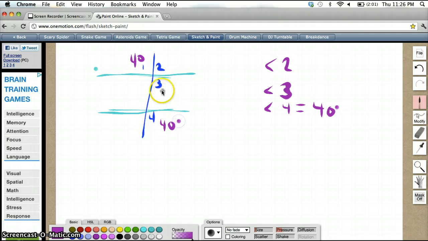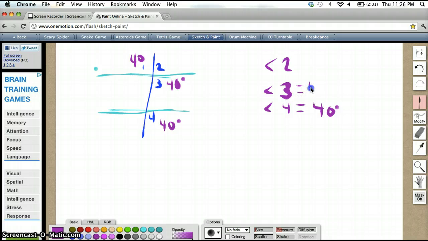Angle 3 and angle 4 are consecutive angles, so they also equal each other. That means angle 3 is also 40 degrees.